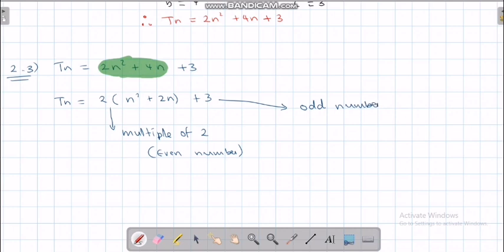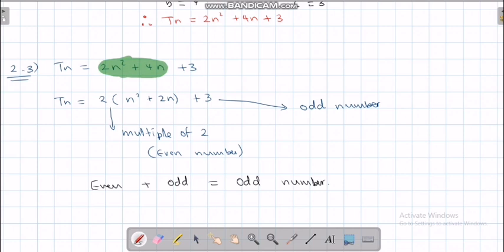Since 3 is an odd number, an even number plus an odd number will always give us odd numbers. Whatever term we are looking for, if maybe we're looking for term number 10, you put 10 in for n, then we multiply by 2.